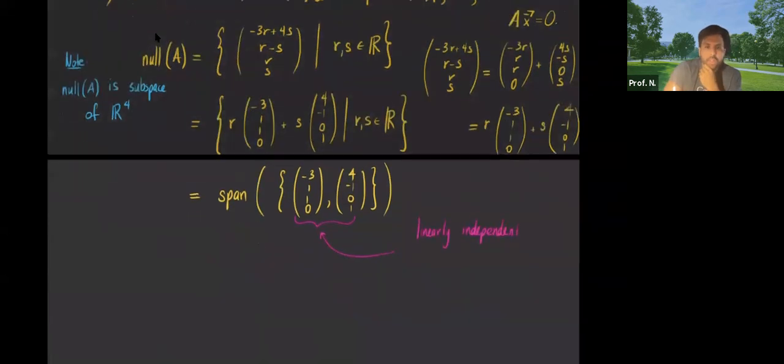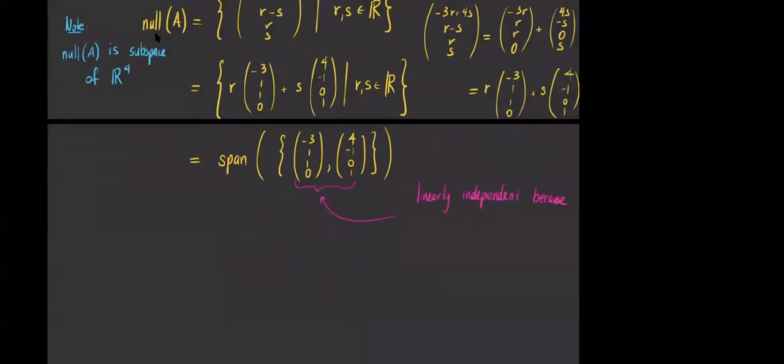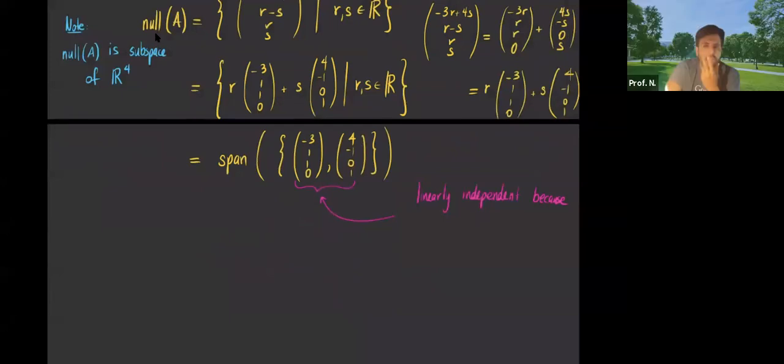You can verify that very easily. How can you verify that? With two vectors, they're linearly independent because of what reason? When you have two vectors, it's very simple to determine whether they are linearly independent or not: if one is a scalar multiple of the other one. Right. So they're linearly independent because neither is a scalar multiple of the other.